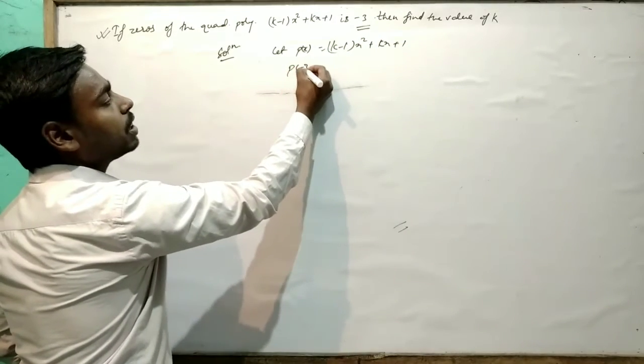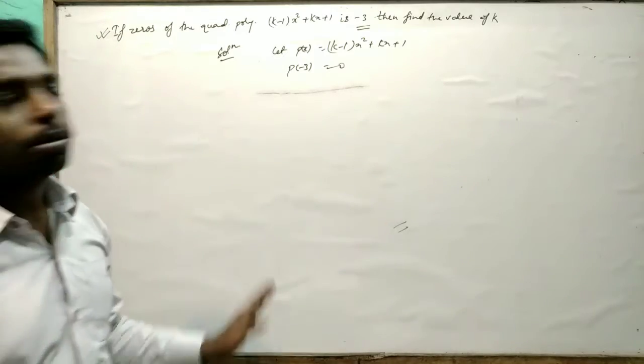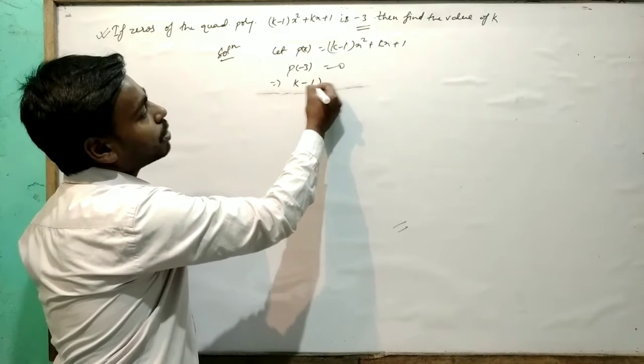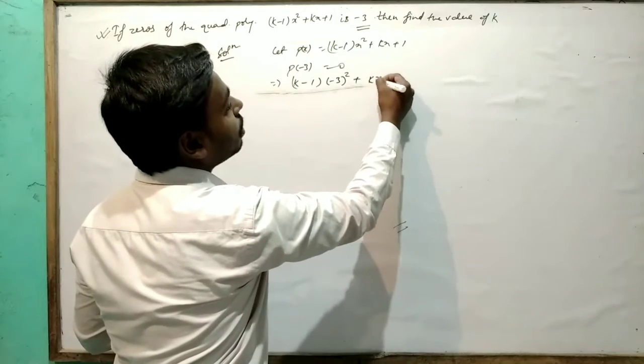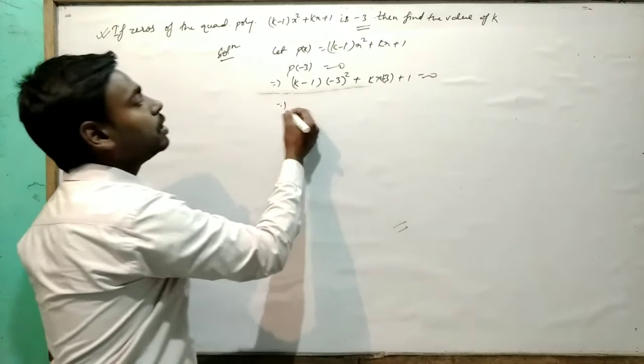Then since minus 3 is a zero, p(minus 3) is equal to 0. Now (k minus 1) into (minus 3) to the square plus k into minus 3 plus 1 is equal to 0.